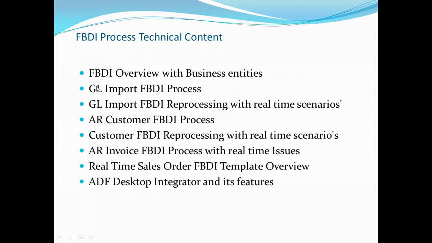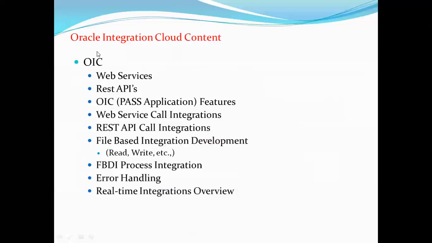If the client doesn't have the OIC feature, then the client loads the data manually by using the FBDI process. If the client has an OIC subscription, if the client has n number of source systems, obviously the client will take a subscription of OIC. At that moment, the same file-based data import is completely automated by using the OIC application, a completely automated feature.